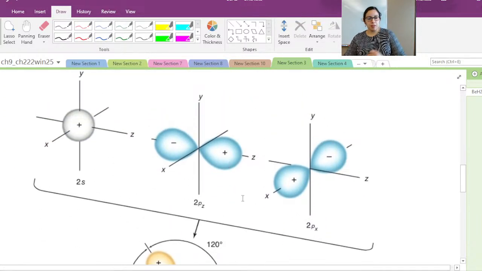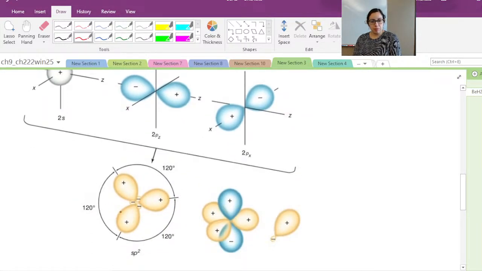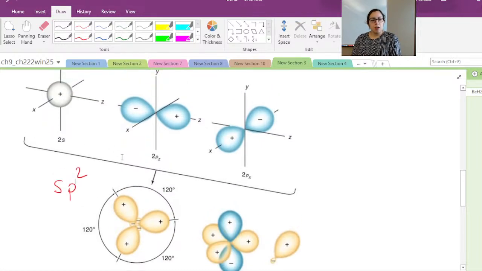And so now, going through, what's this hybridization again? Oh, it tells you, sorry. sp2. So just recapping and reminding you, and they have pretty pictures, unlike my terrible drawings.